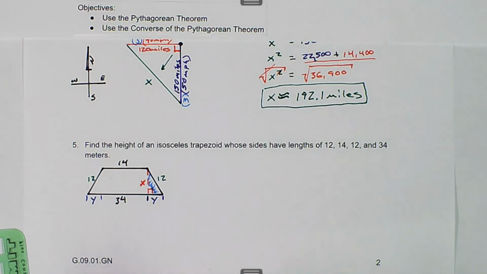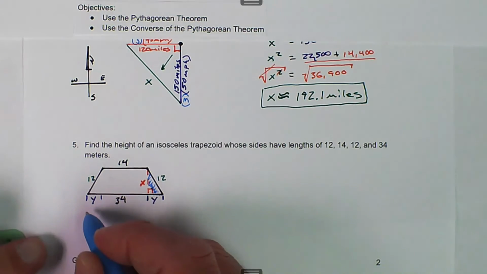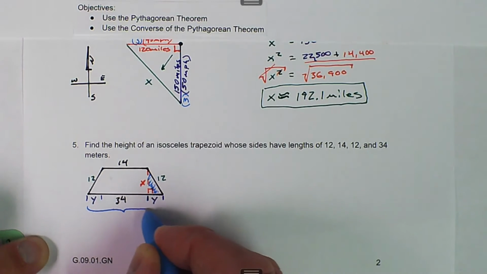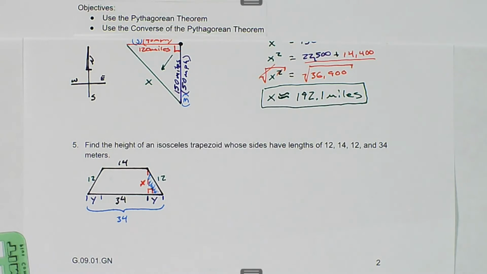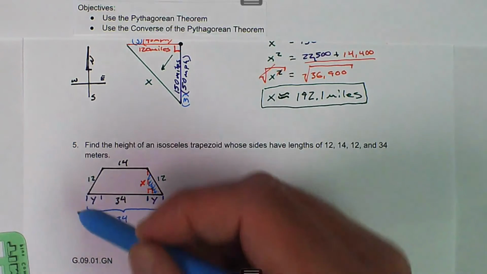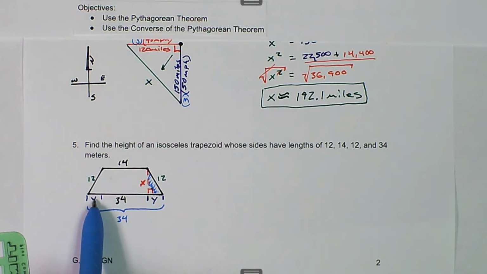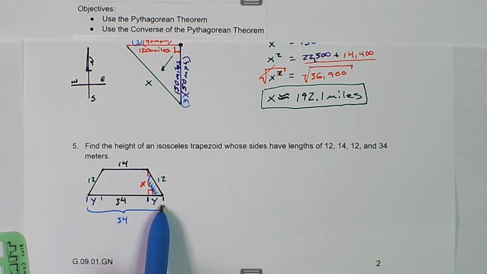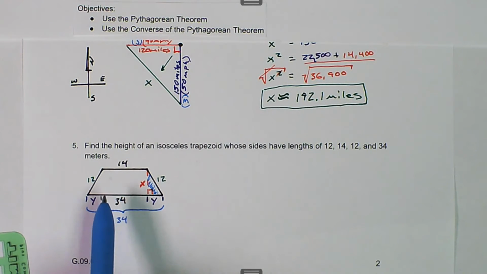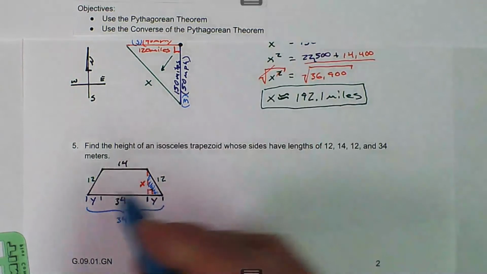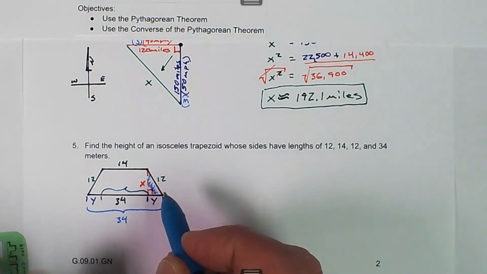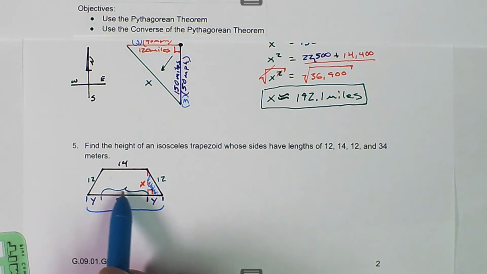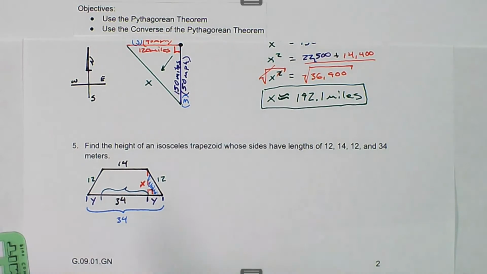And then remember, the whole length of the base of the trapezoid is 34. So we know this is y, we know this is y, because those have to be congruent. The whole thing is 34, but we need to know the distance from this corner right here to there, because then we'll be able to say y plus this value plus y is equal to 34.